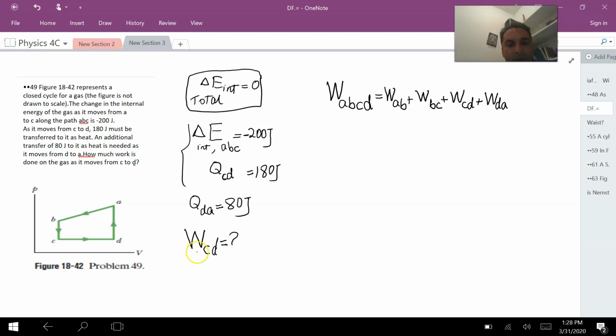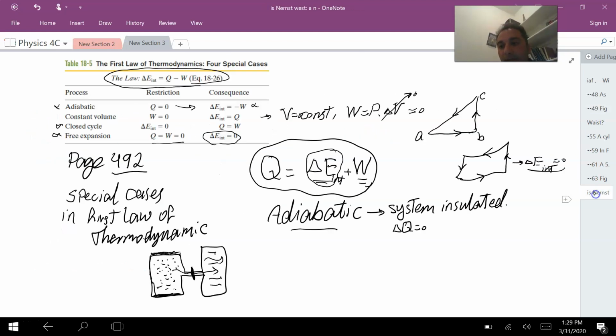Now, work done in the path of CD. Using this equation, we know that if delta E total is 0, because it's a cycle, correct? Again, let's go back here.